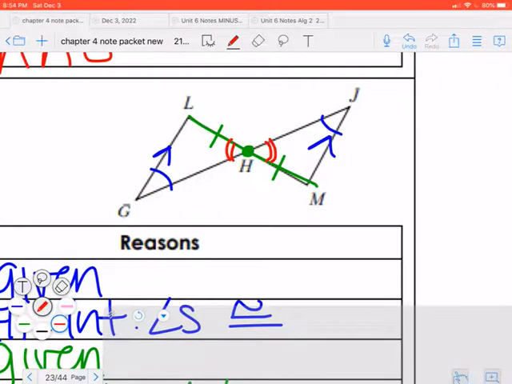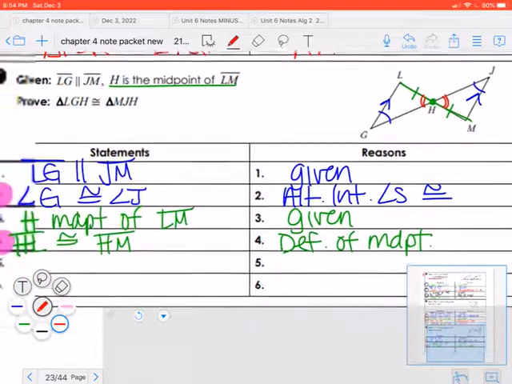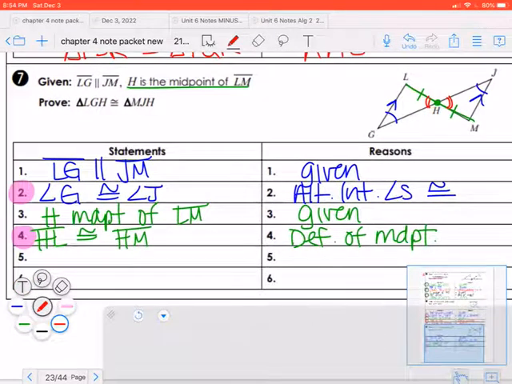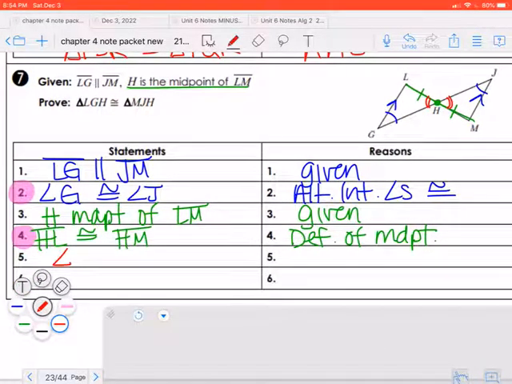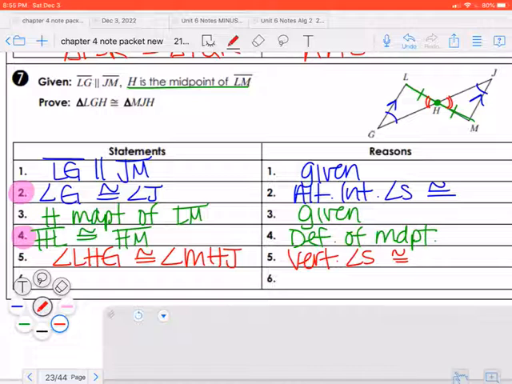So let's name those and say that they're congruent. The one on the left, angle LHG is congruent to angle MHJ. And that reason is that vertical angles are congruent.